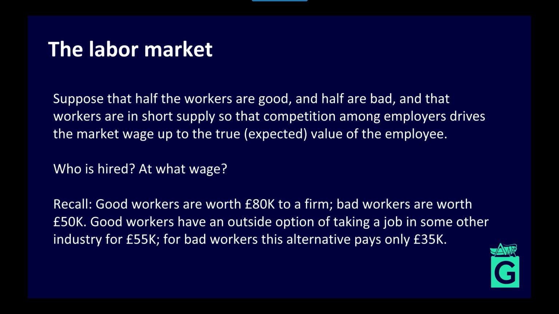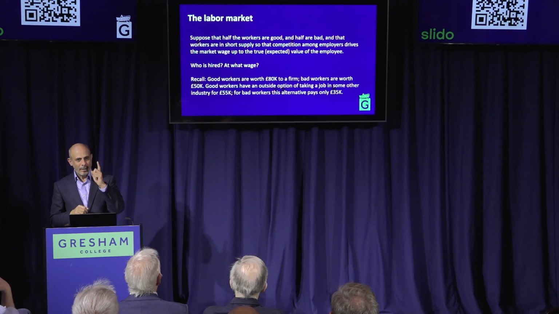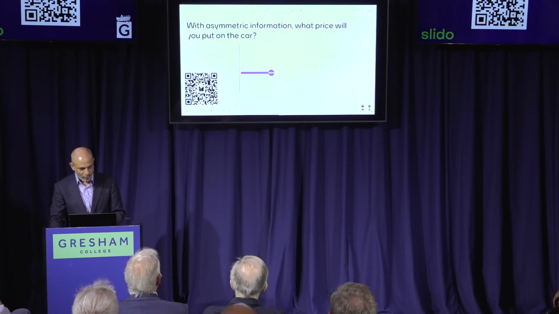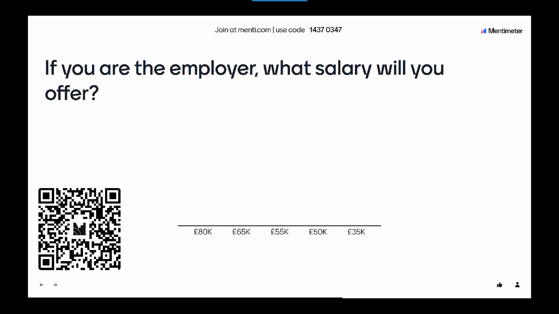Bad workers, $35,000. So if you're an employer, you think half the workers are good, half are bad, what will you pay? Remember, there are very few workers, lots of employers.